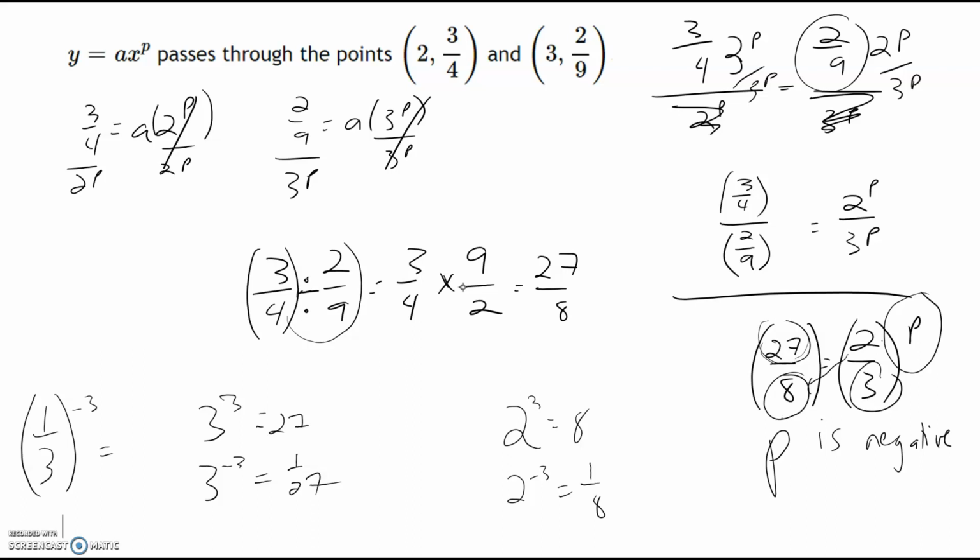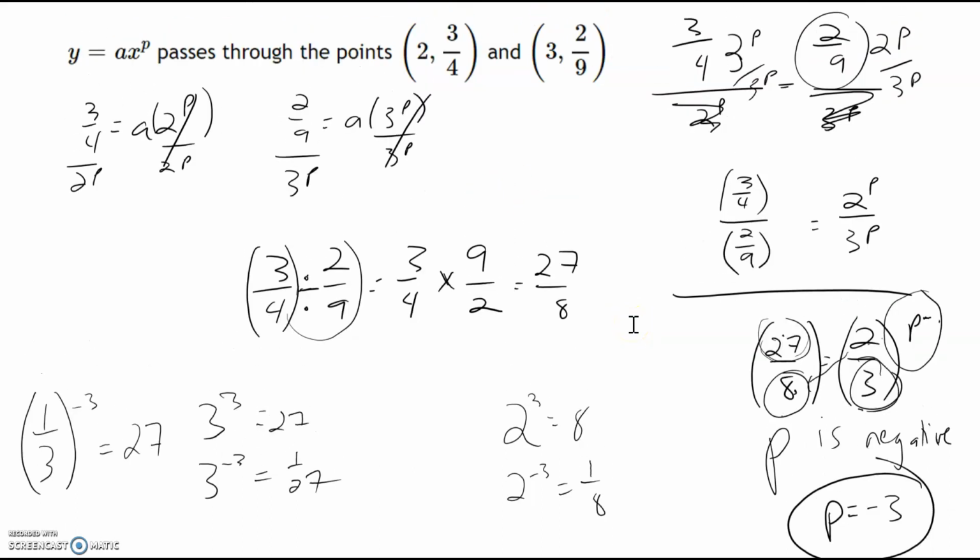And it does if you remember your rules of exponents. The negative exponent flips it around. So that does make sense because 2 to the negative 3 is 8 in a denominator, and 3 in the denominator to a negative 3 is 27 in the numerator. So that allows me to figure out that p is negative.